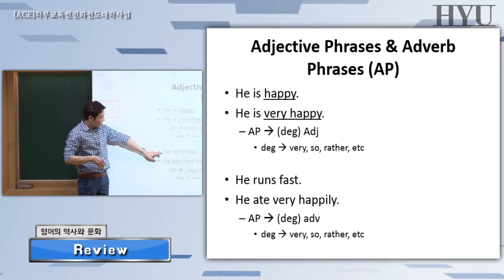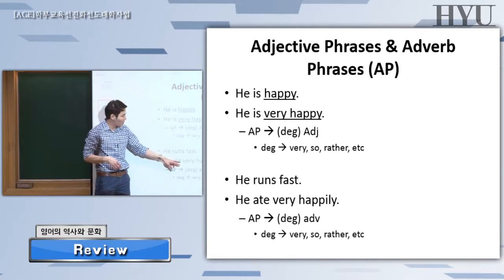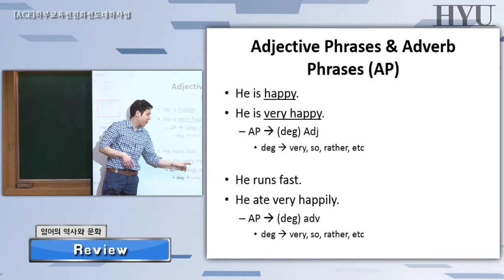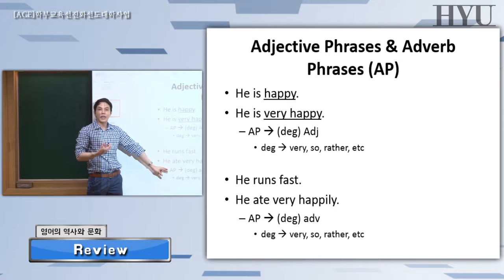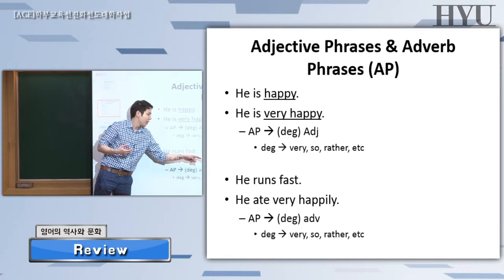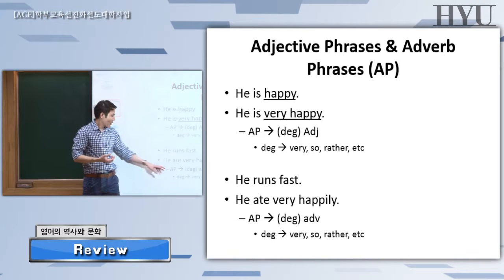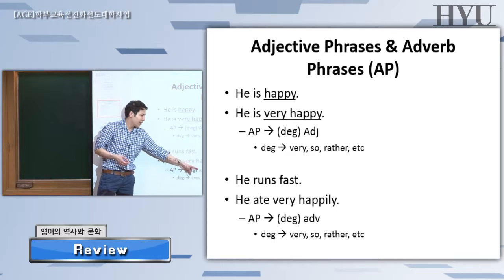Or in this case, he runs fast. You can underline fast. And then he ate very happily. You can underline very happily. If you look at the structure, still the AP, in this case, the adverb phrase, because you see the word li, right, the morpheme li, and also fast could be an adjective, adverb. And so we have the degree word very and the adverb.